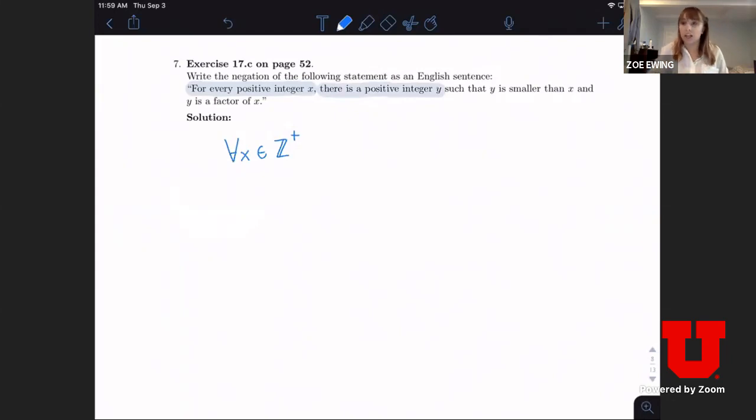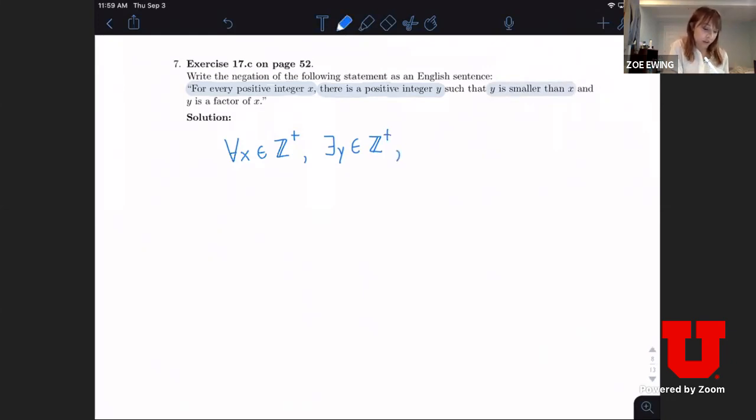There is translates to there exists. So we've got there exists a y in the set of positive integers. Such that is usually just a comma, so we don't need to write that in any specific way. y is smaller than x. Actually, let's just start with y is smaller than x.